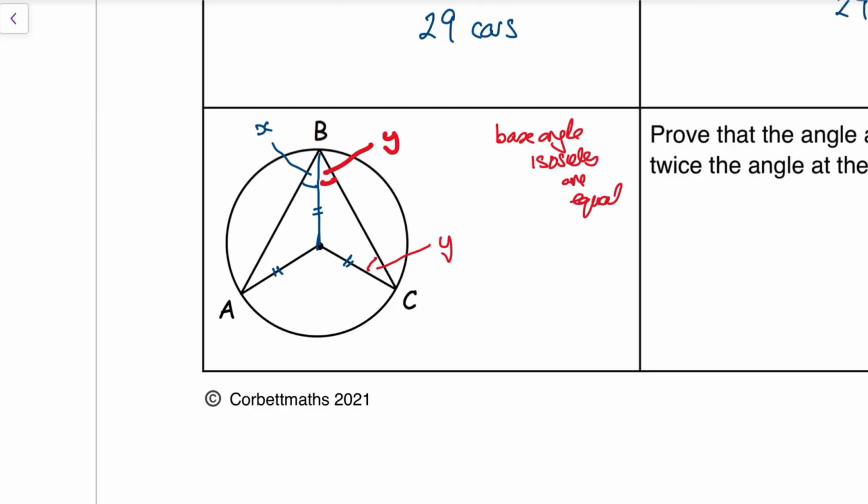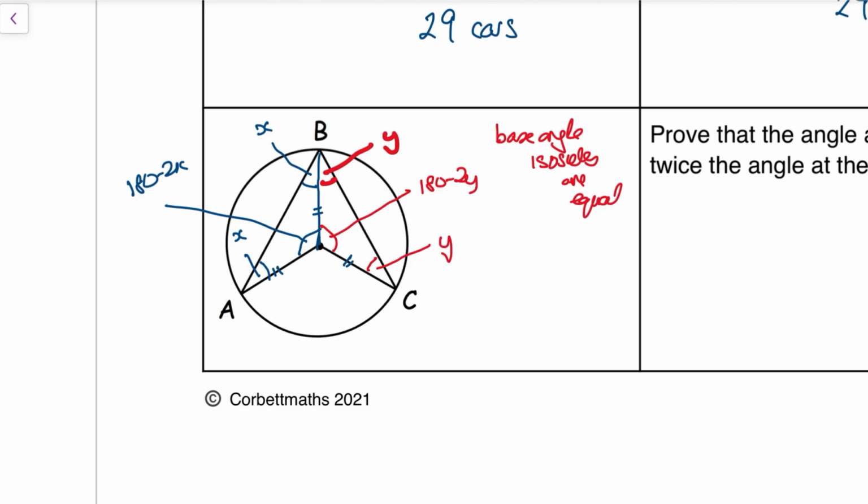Now, equally, if I look at the X value, because this is also isosceles, that means that this one must be X as well. Now, because angles in a triangle, so again, listen to the words I'm saying, because angles in a triangle total 180, it means that this here is going to be 180 minus 2x, and it means that this one here is going to be 180 minus 2y.